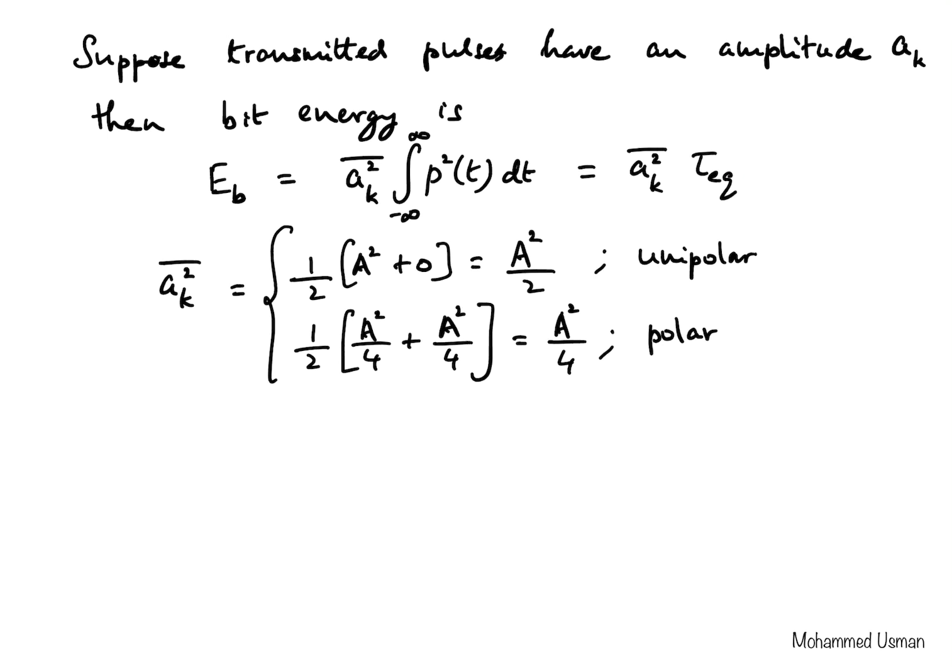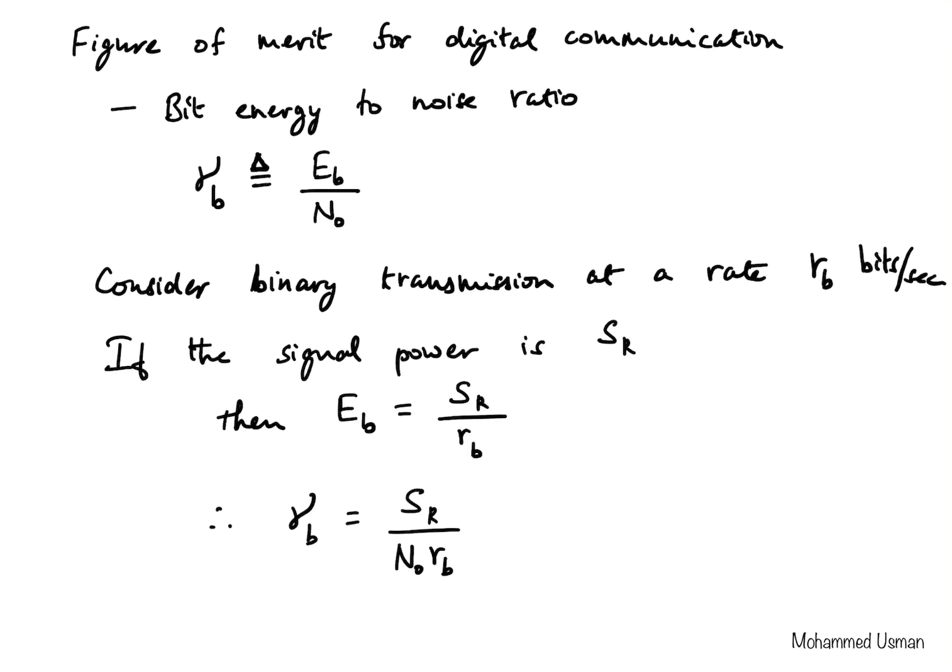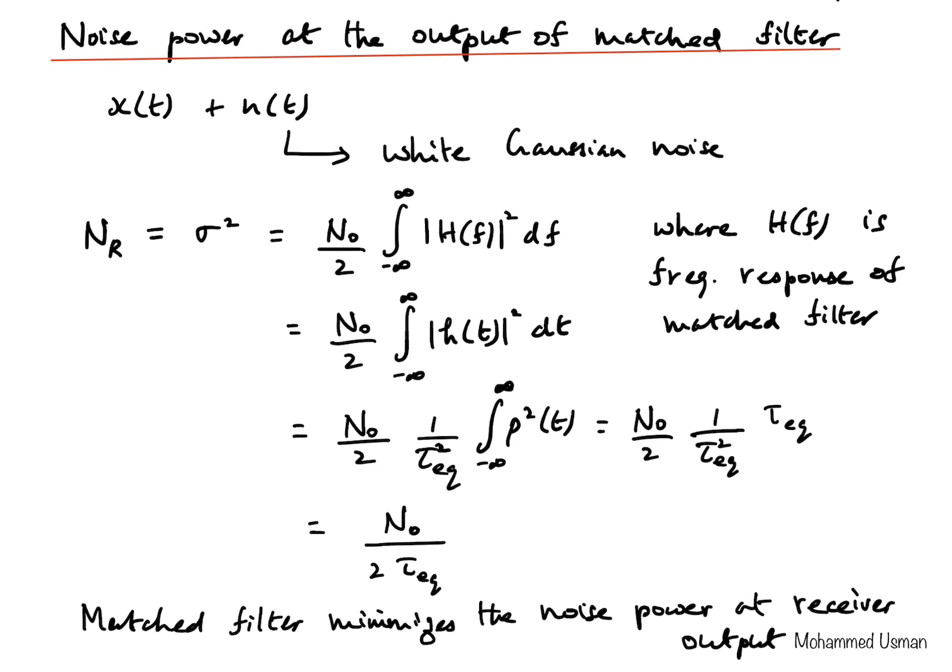The next thing that we are going to do now is to get a relationship between this A by 2 sigma and the bit energy to noise ratio, which is Eb by N naught, and we are going to do that in the context of the matched filter. We'll use the result that the output noise power of the matched filter is N naught by 2 tau equivalent, which is sigma square.